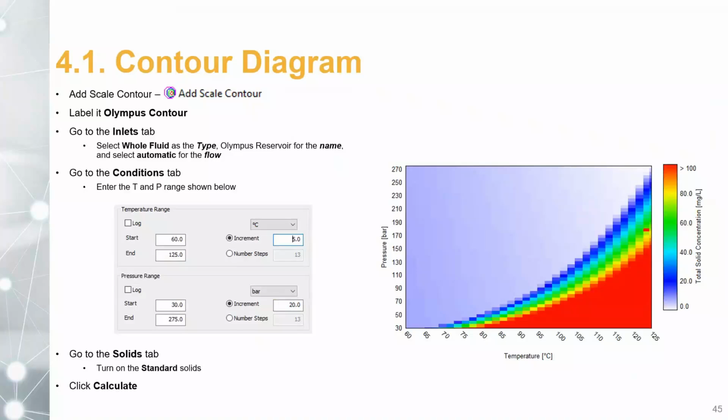So in here, rather than studying a set of temperature and pressure at different locations, what this contour diagram allows you to do is to study a whole range of temperature and a whole range of pressure.